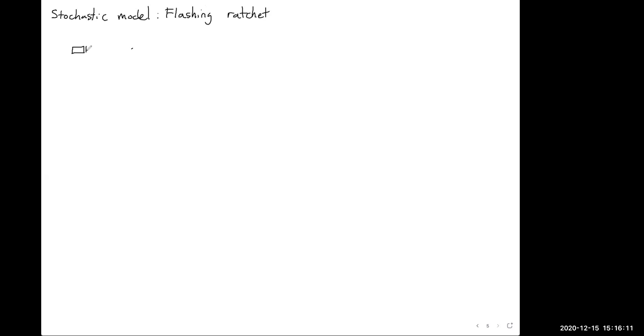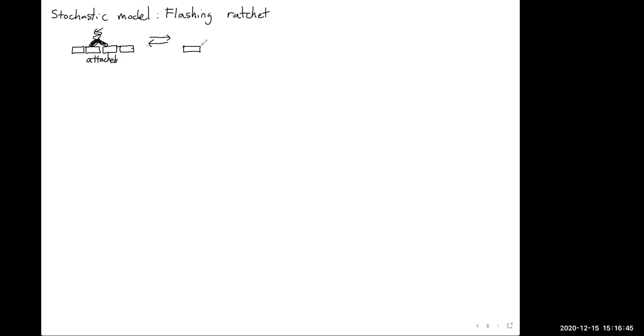So the sketch of the model is as follows. We have monomers like this, and we have the motor sitting on a polymer. For example, this could be kinesin. These are the legs of the motor, which is in an attached configuration. This motor moves in 1D, so this would be the x-axis, and the motor can change its state as follows.